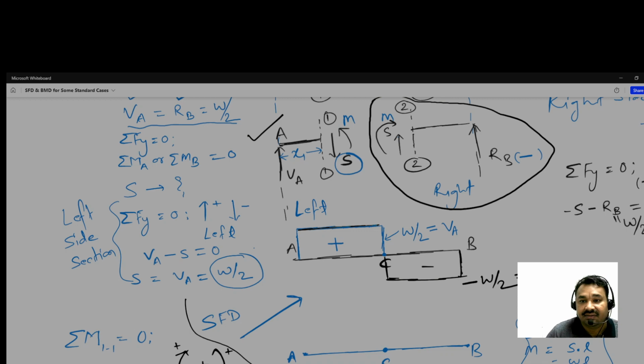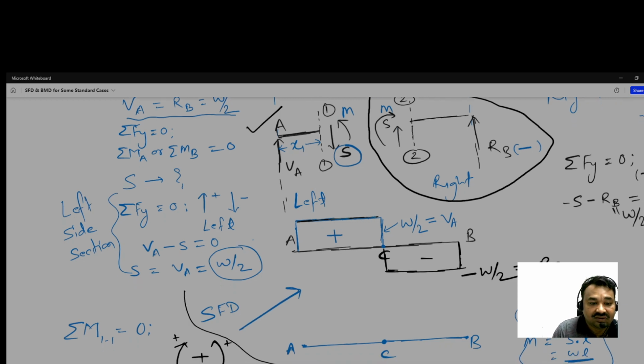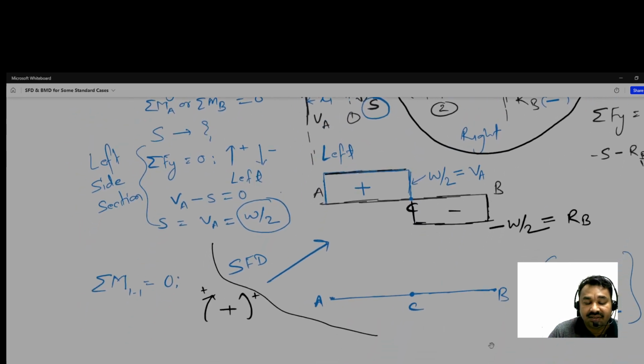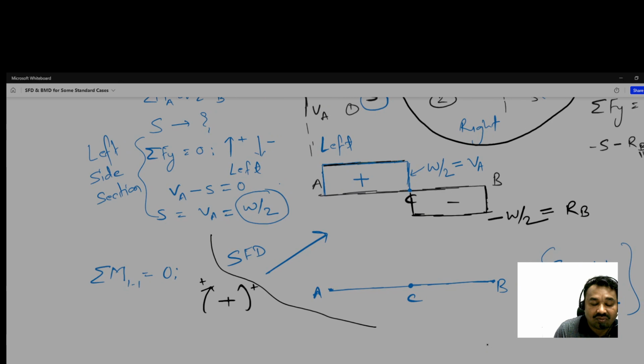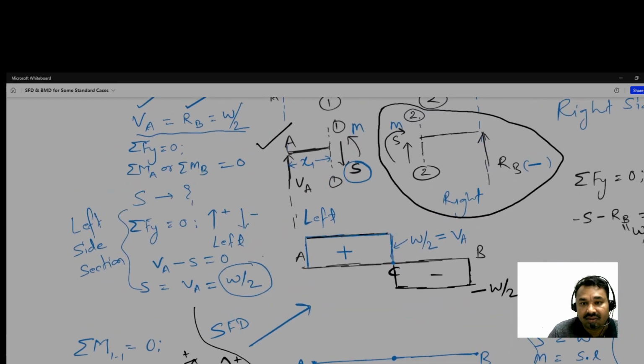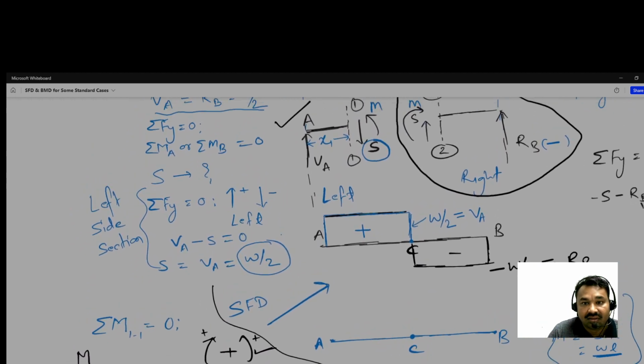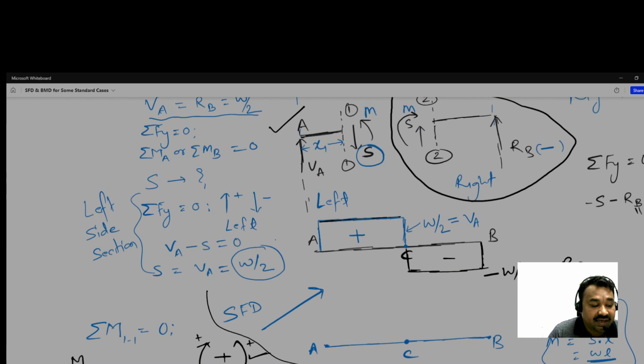So that's why here M is acting anti-clockwise. Means this one. So M positive we have taken, and what about VA?